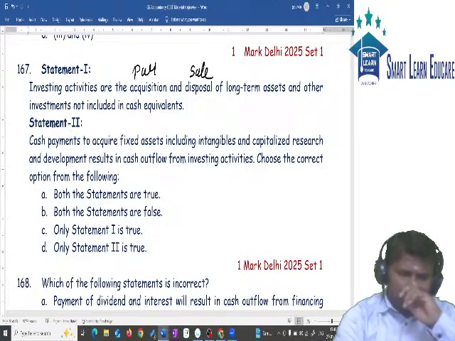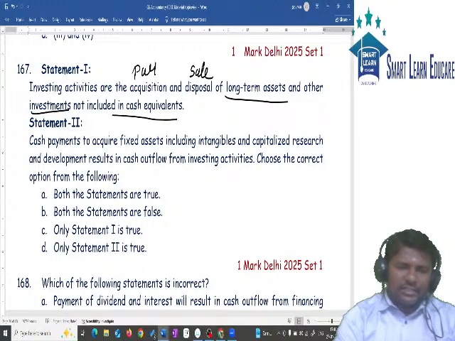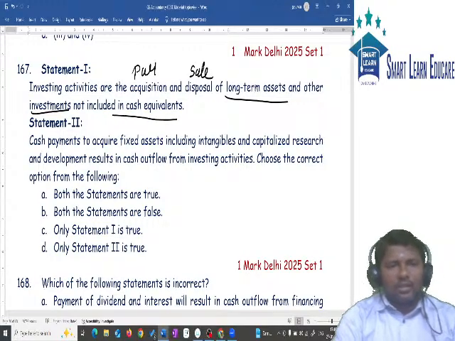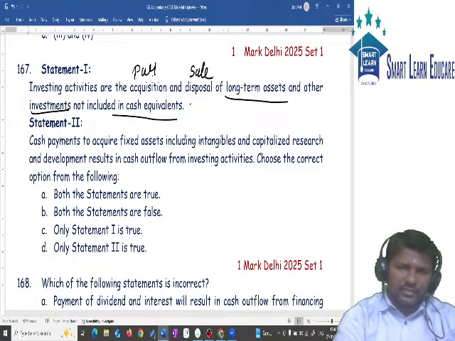Disposal means sale. Purchase and sale of long-term assets and other investments not included in cash and cash equivalent. And so this statement is true.